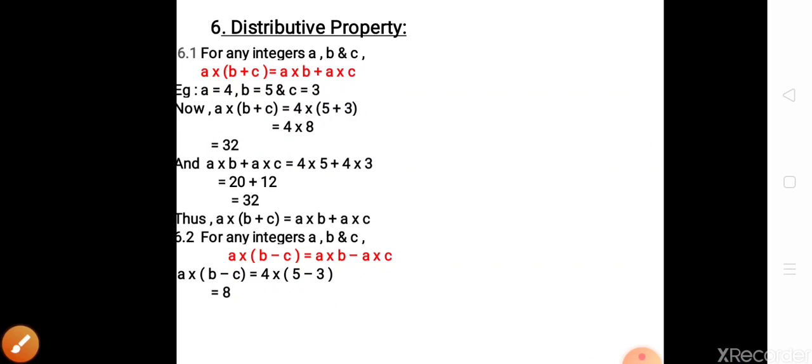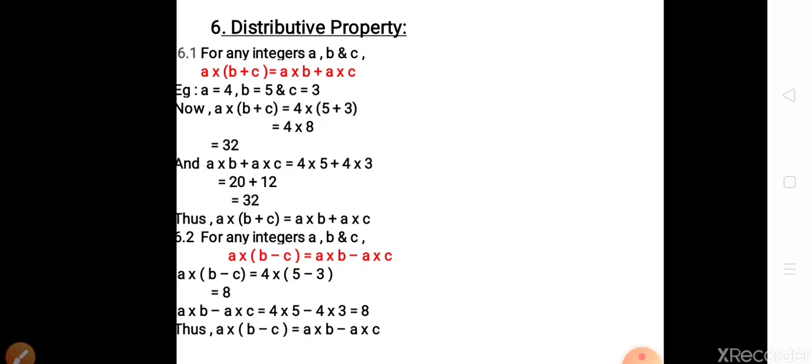Alright. Now the next part, yes, a into b minus a into c also gives you 8. So we can say that a into (b minus c) equals a into b minus a into c. It has been verified. Now I hope this part is also clear to you.